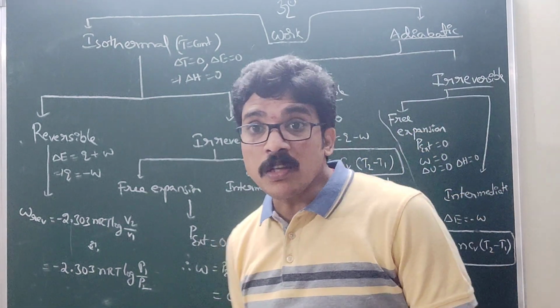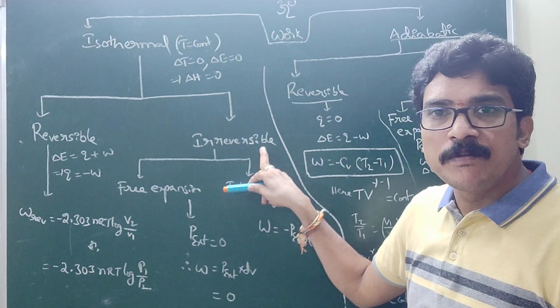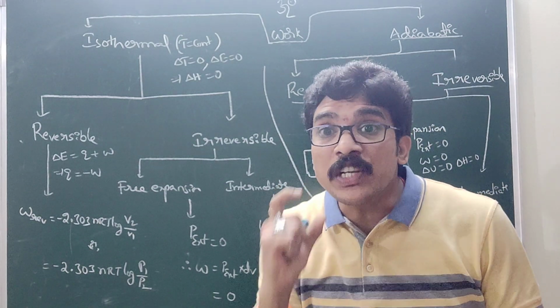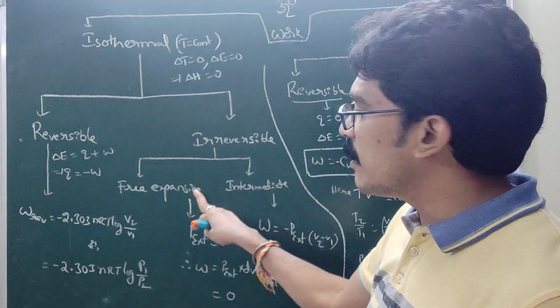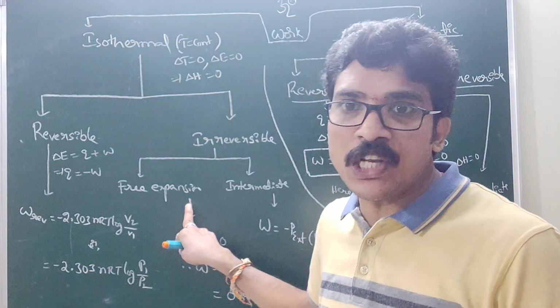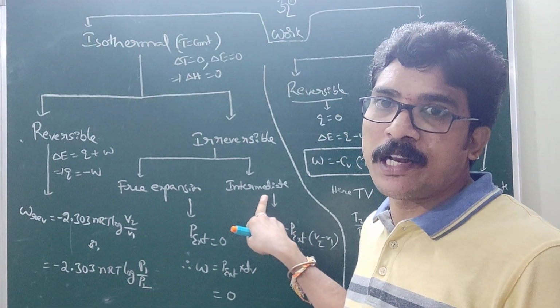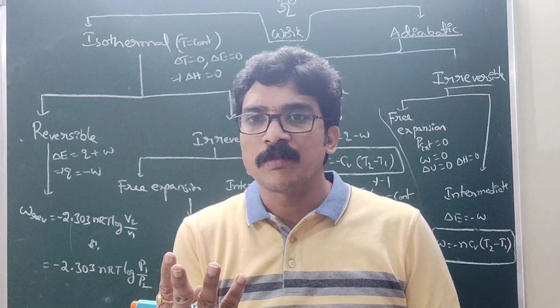Suppose the process is irreversible. In irreversible processes, there are two types again. One is free expansion, and another is intermediate expansion. What is the meaning of free expansion?